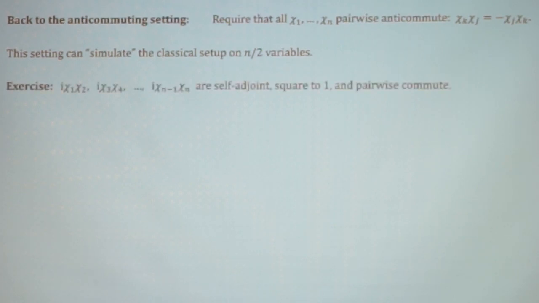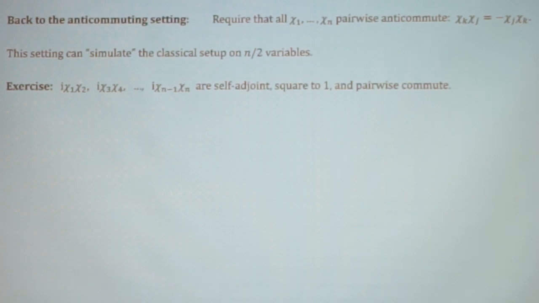So why? Well, take your n symbols that are supposed to pairwise anti-commute, and if you just pair them up into pairs, you have to do this thing of multiplying by i to make it self-adjoint. These n over 2 many little degree 2 expressions are symbols that are self-adjoint, and they square to 1, and they pairwise commute. So you can think of them as new symbols.